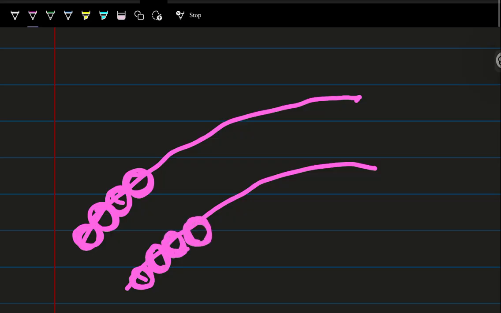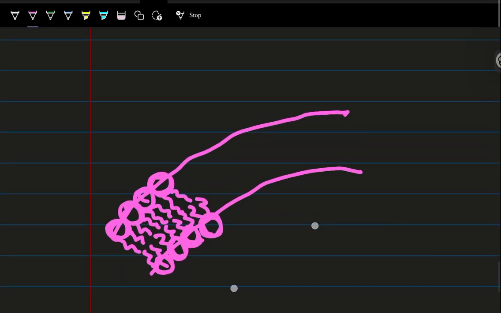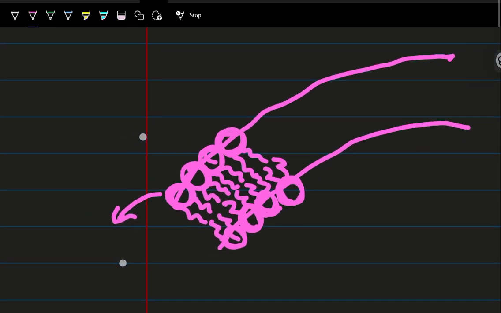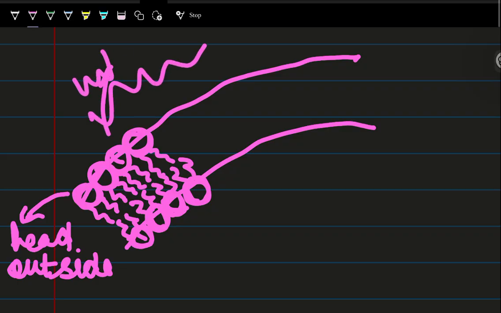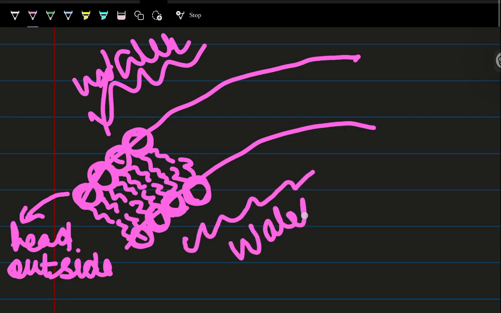The head is always on the outside of the bilayer, and the hydrophobic tails are on the inside, because water is generally on the outside of the cells and inside.